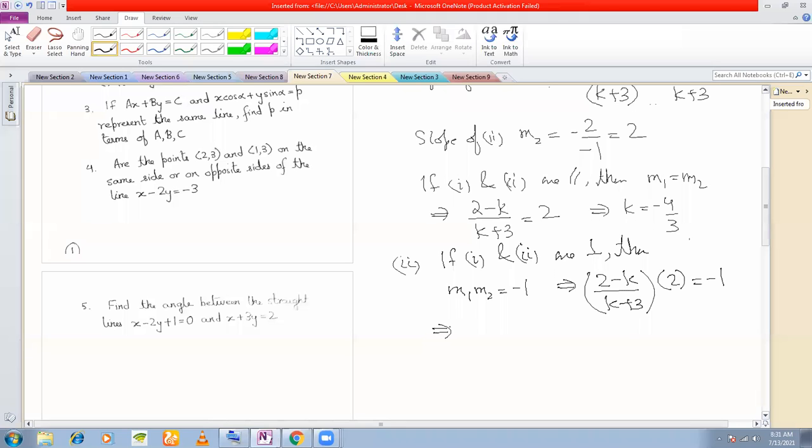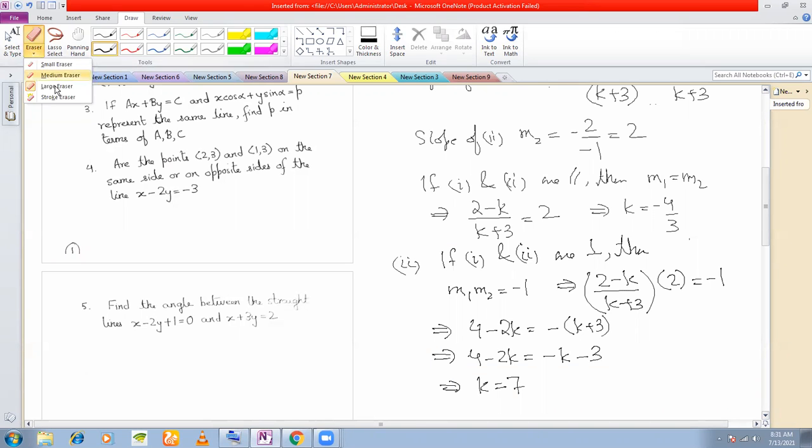Again we are getting a linear equation. Okay, so this should be 4 minus 2k is equal to minus k minus 3. Once you solve this, you get k is equal to 7. Okay, so for k is equal to 7, these two straight lines must be perpendicular. Let's do the next problem now after this.